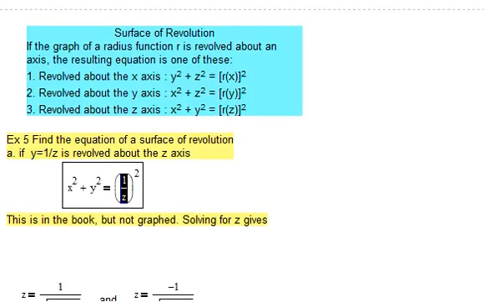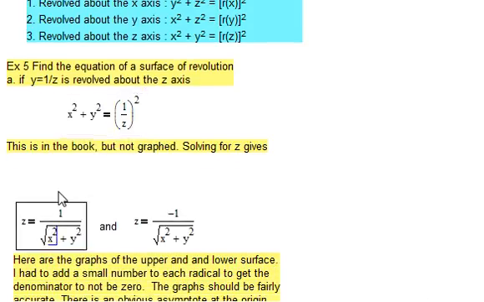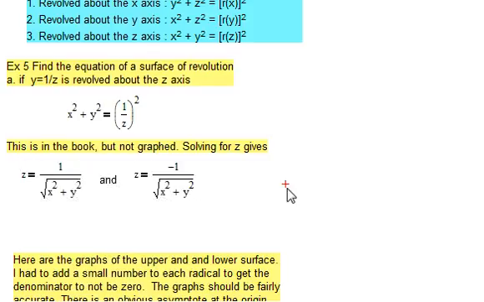This one's in the book, but it's not graphed in the book, and there's a good reason. This is very difficult to graph, because if you notice, the denominator could be 0, in which case it's out of the domain.